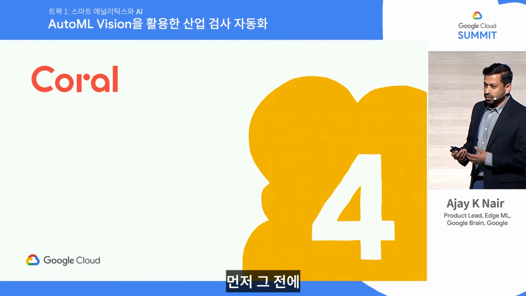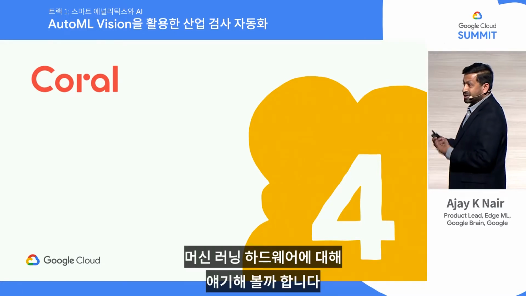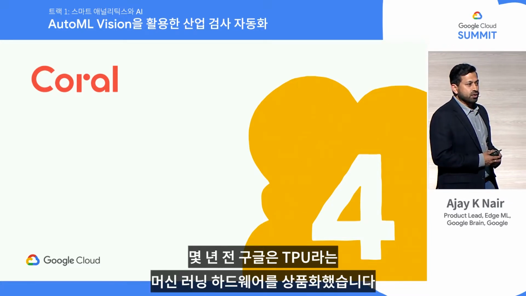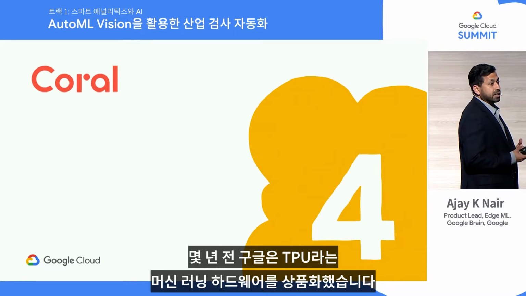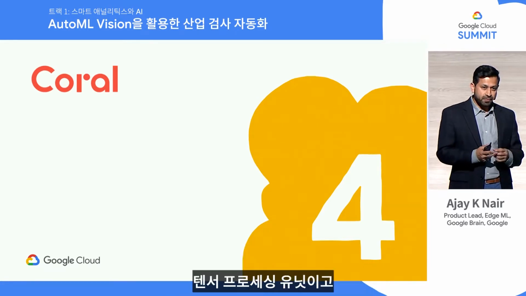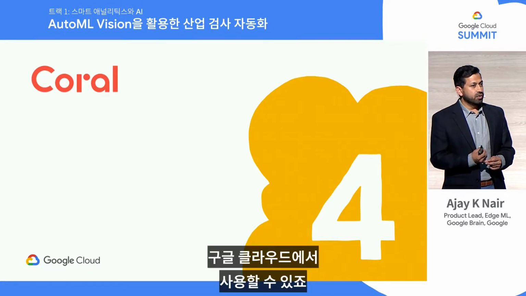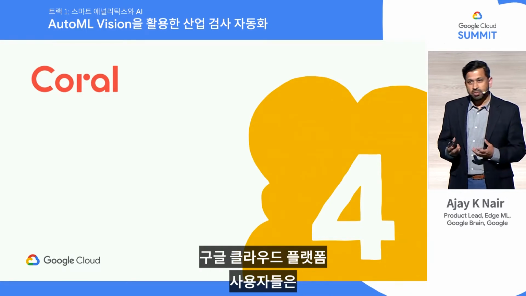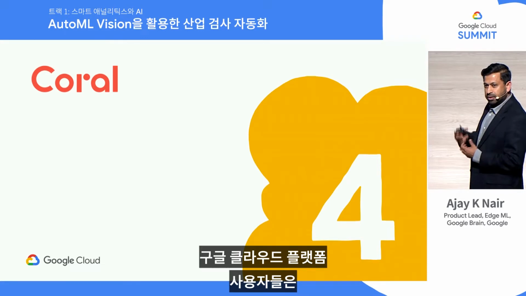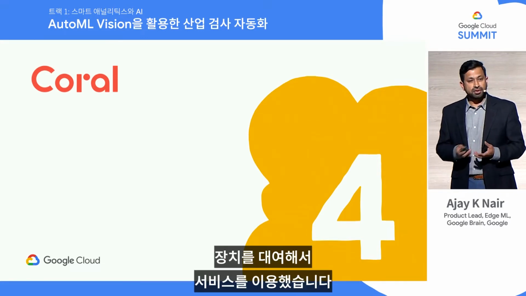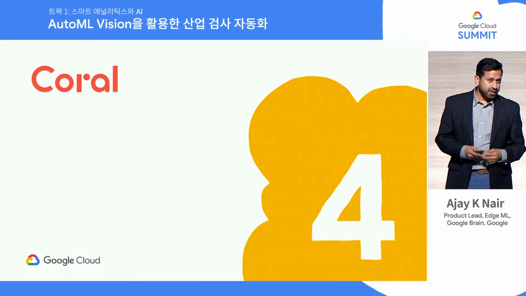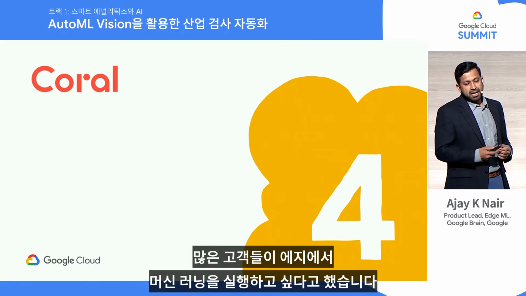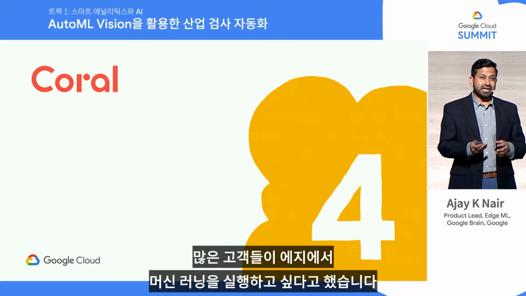So before I talk about Coral, some background on machine learning hardware itself. So Google, a few years ago, productized machine learning hardware called the TPUs. It's Tensor Processing Unit, which was available in Google Cloud, and GCP customers can make use of that by renting compute on that infrastructure. It's been available for 4 years now. A lot of our customers came back and said they would like to run machine learning at the edge.